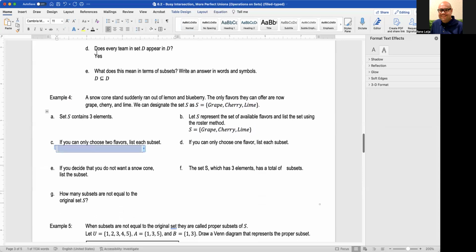If you can only choose two flavors, list each subset. So I'll let you pause. Okay, this is what you should have come up with. If you could only list two flavors at a time, then you could either have grape and cherry, cherry and lime, or grape and lime.